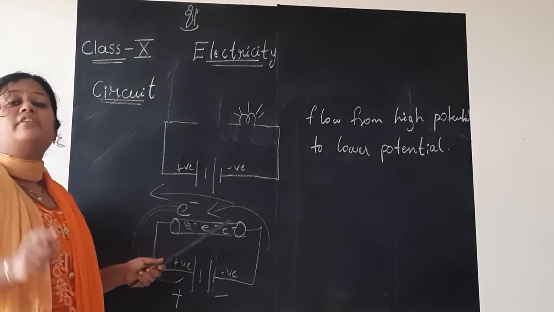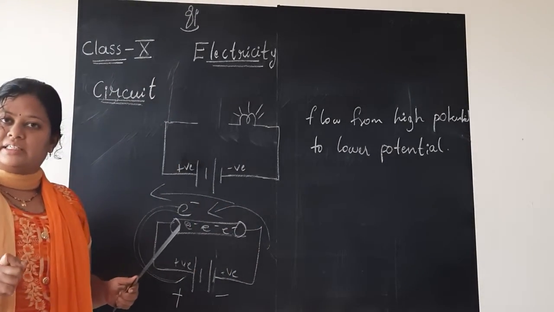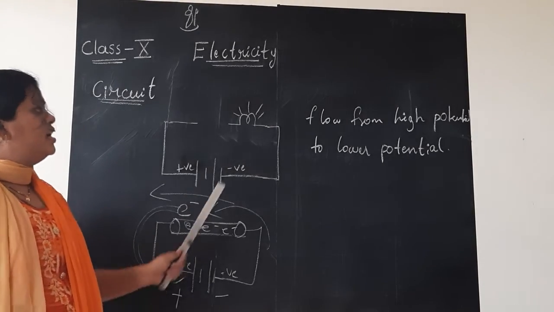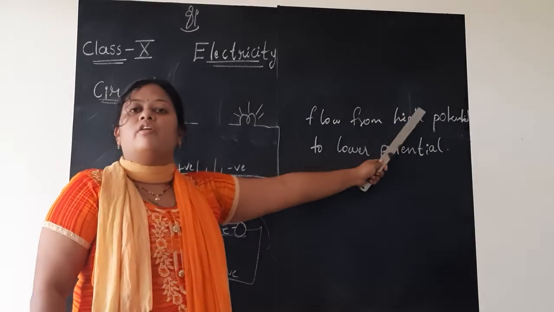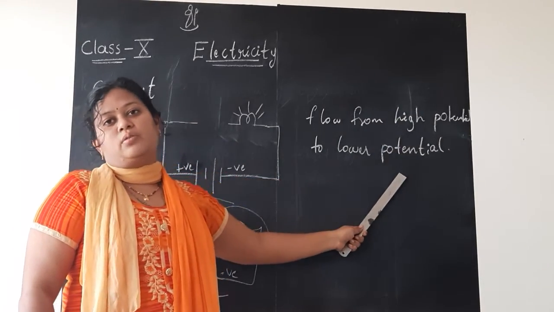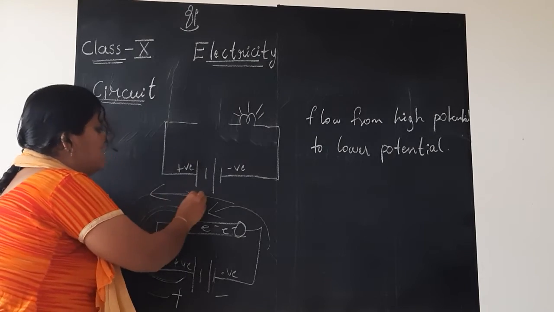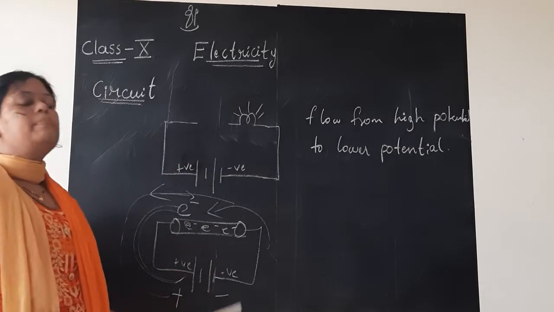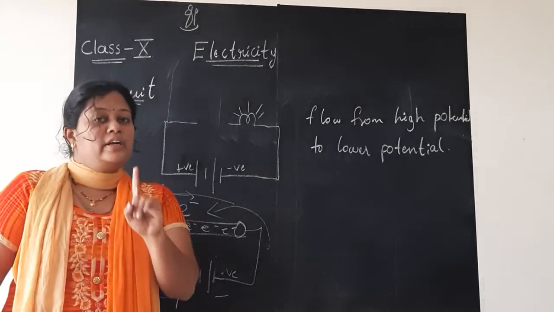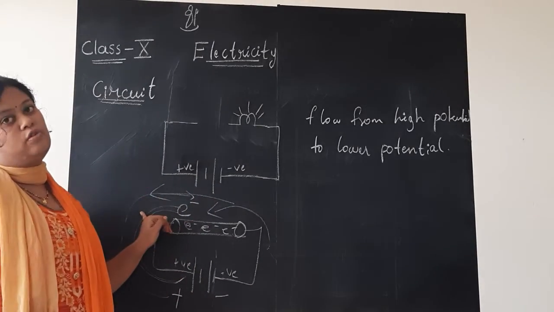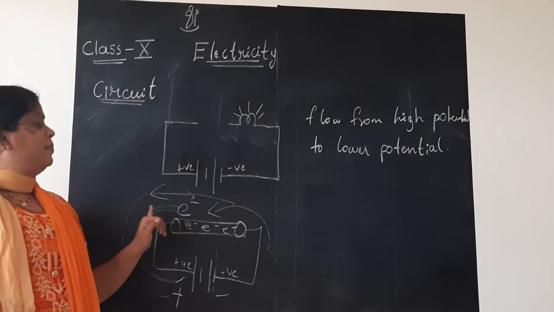So whenever we draw a basic electric circuit, children, which I have already explained, once again I am explaining, the current will always flow from higher potential to lower potential, meaning from the positive of the battery to the negative of the battery. Don't get confused between the direction of flow of electrons and the direction of flow of current in the circuit.